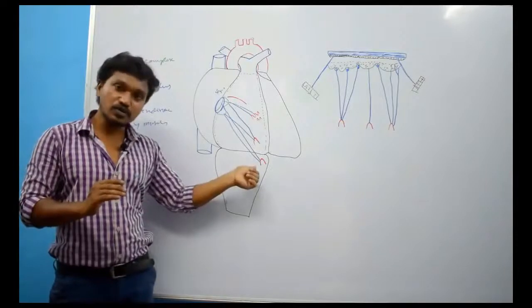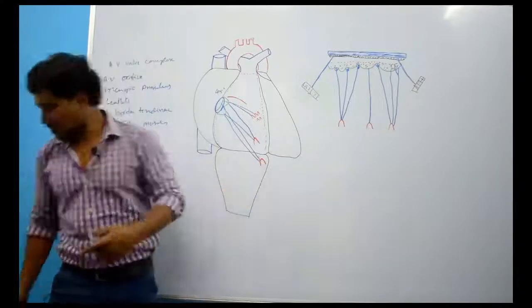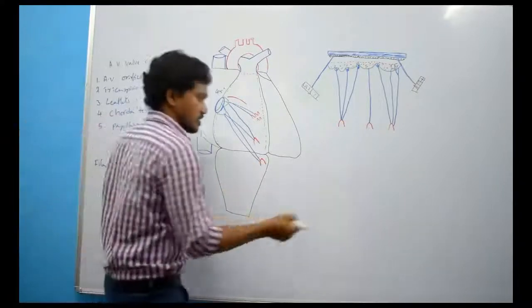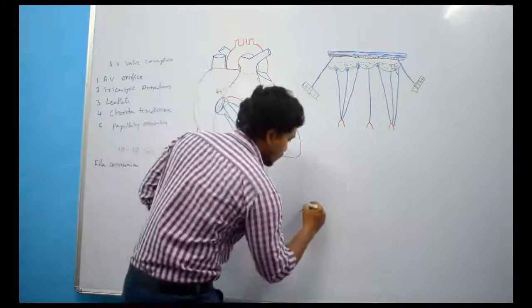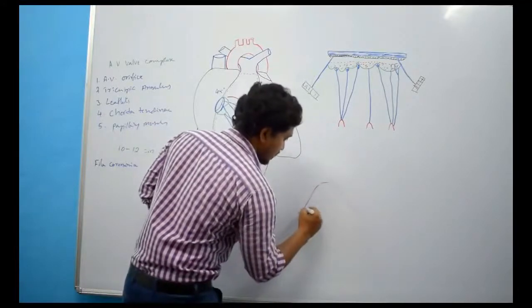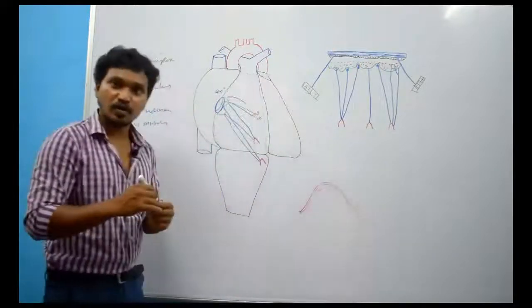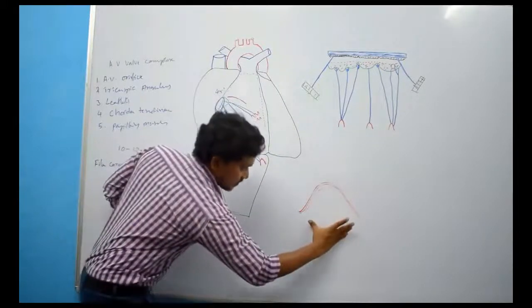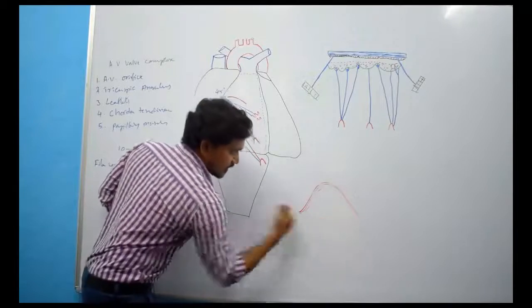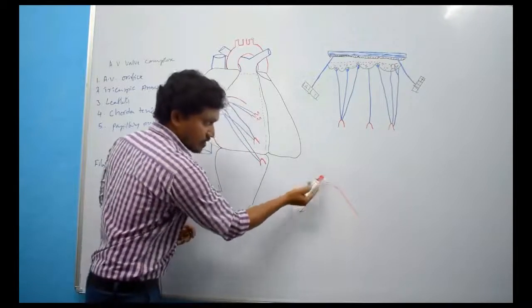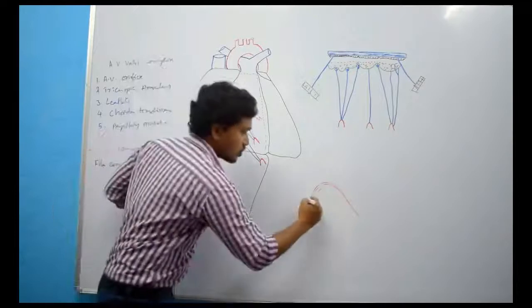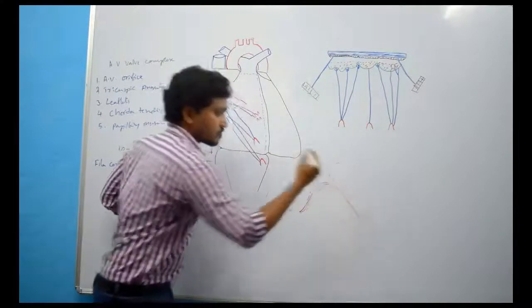Is it? But if you observe carefully, the concept is different. If you observe the papillary muscles, these muscles are loop-like muscles. See here, these are like this. When they contract, they will be contracting like this. When they contract, the apical part of these papillary muscles pushes up.